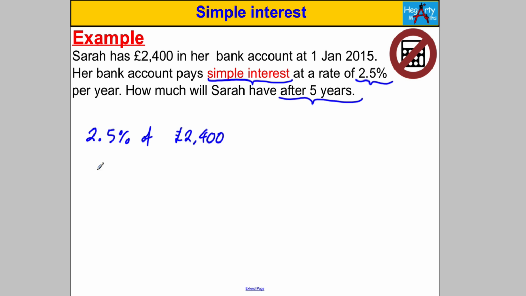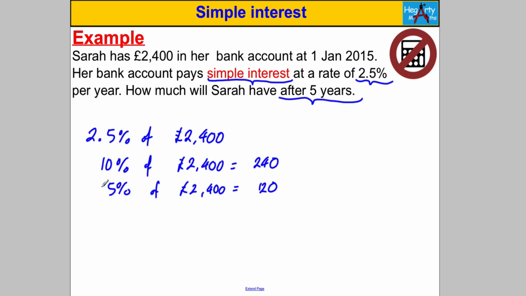Now the way I'd do this, I'd start off by working out 10% always of £2,400, and that's dividing by 10, that's 240. That means 5%, halving that, would be 120, and therefore 2.5% would be half of 5%, which would work out to be £60.